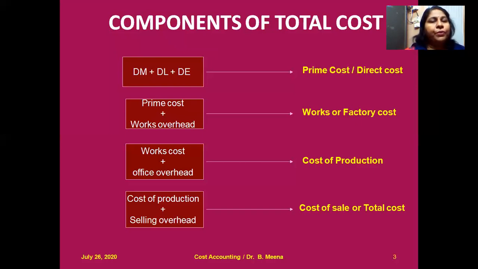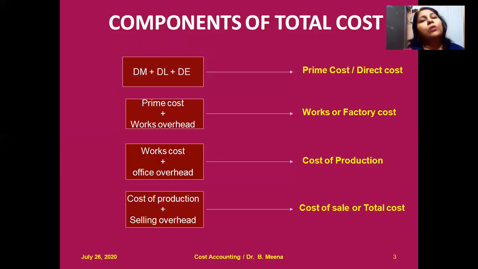The thing is, you must be able to identify the indirect expenses, otherwise called overheads, and where they will come: either factory side, office side, or selling and distribution side. Once you are able to categorize the expenses under office, factory, or selling and distribution, you can prepare the cost sheet based on the format that I'm going to explain in the next slide.